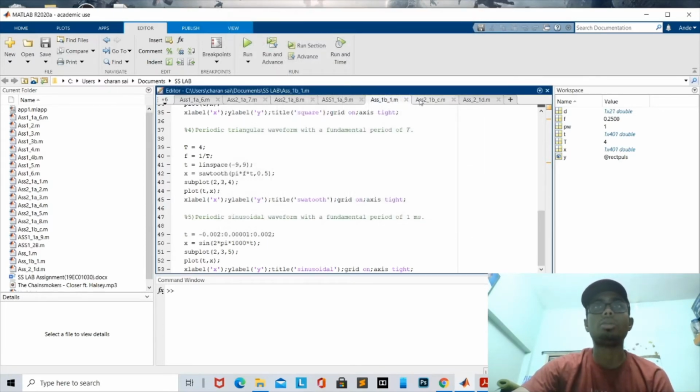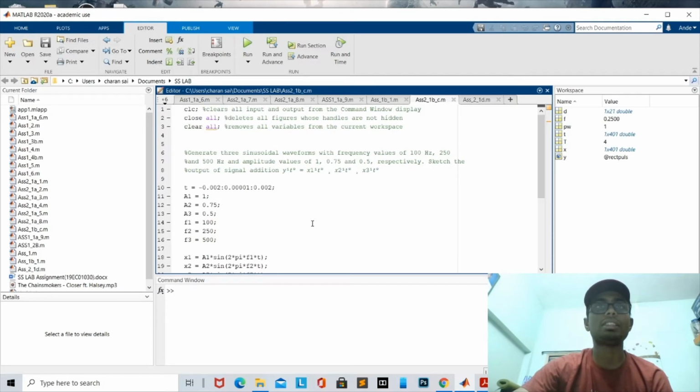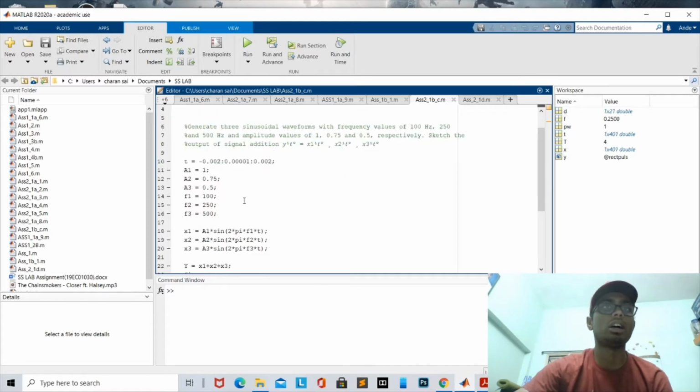And moving to the next one, they gave us 3 different waves, and they are asking us to add those, and they gave amplitudes and frequencies of those 3 different waves. Here I'm assigning some limits to t, and I'm assigning the amplitudes and frequencies that they have mentioned in the question.